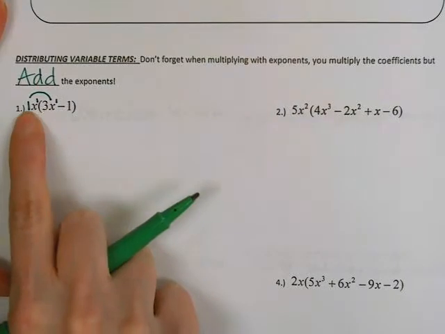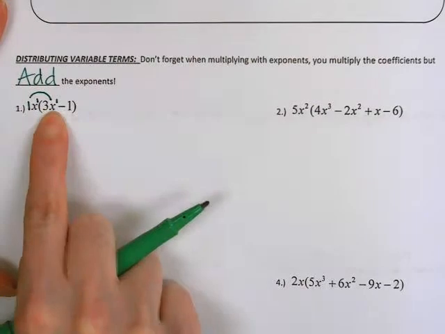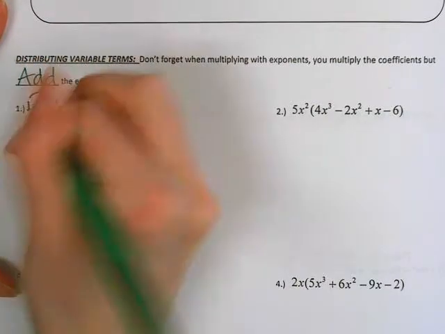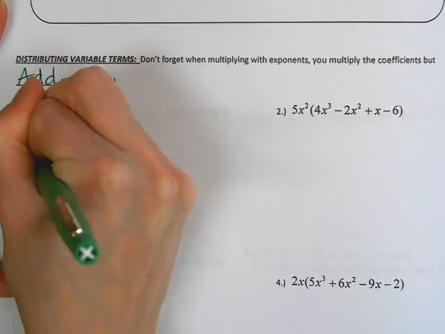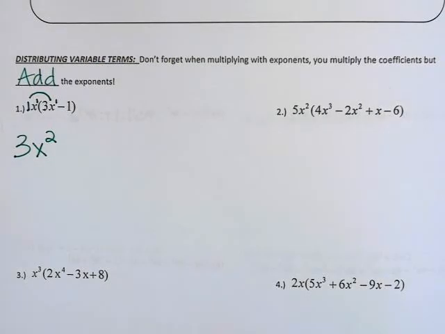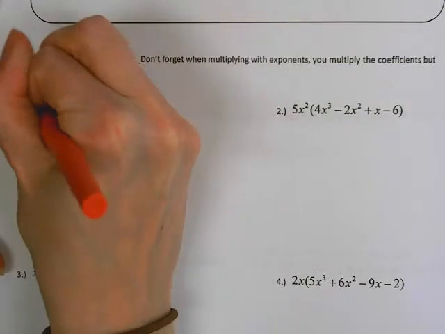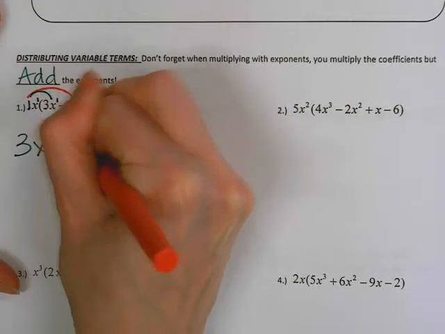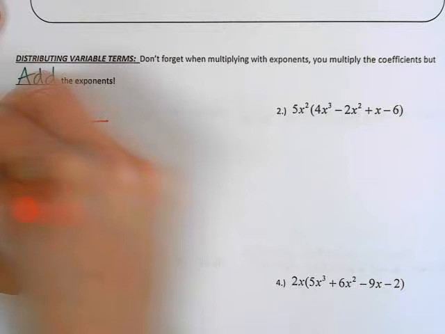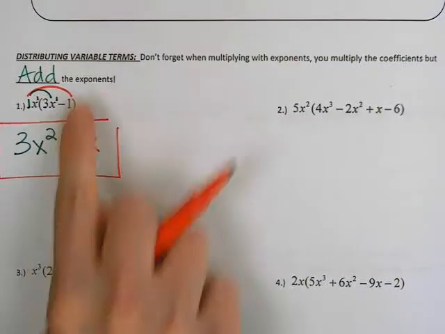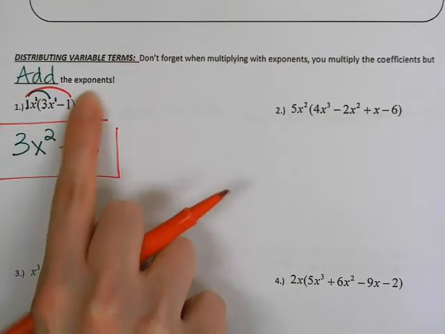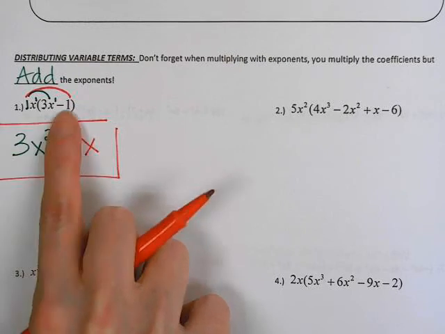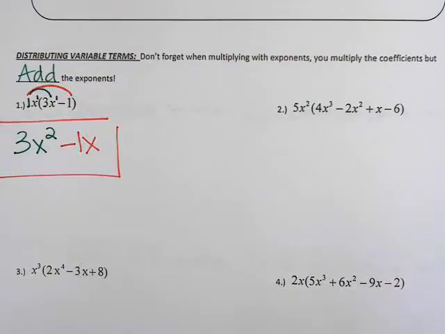So what's 1x times 3x? Well, you multiply the numbers and you add the exponents. So 3x squared. And then what's 1x times negative 1? So 1x times negative 1 is just negative 1x. This one doesn't have an exponent, so there's nothing to add. So 1 times negative 1 is negative 1. If you want to put a 1 here, that's fine.